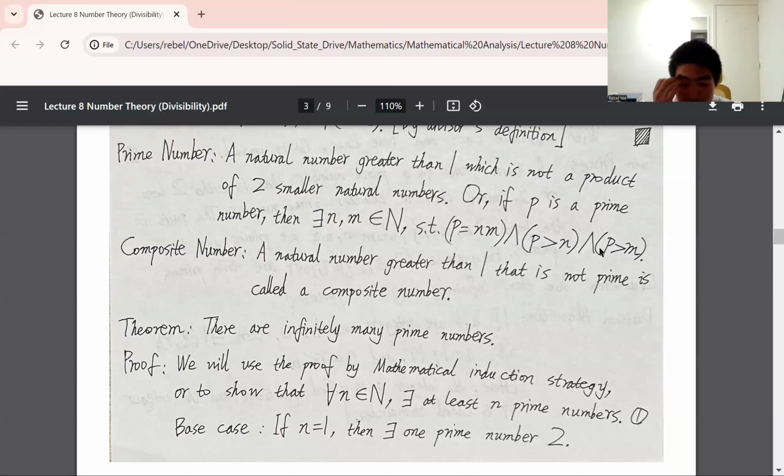P is a prime number, it's not a product of two smaller elements, so maybe we cannot write it in this form. Yeah, we might add a negation here. It's not the case that P equals N times M with P greater than N and P greater than M. So this is something I wrote incorrectly before, and this should be the correct form.